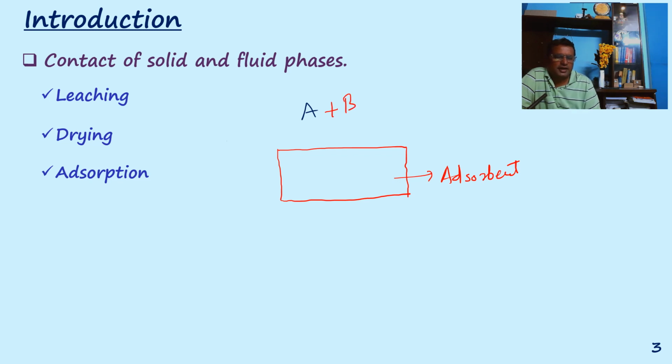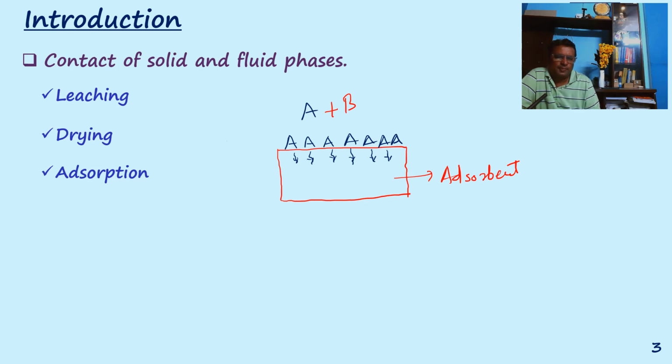Now the selected adsorbent has the ability to preferentially concentrate A on its surface. So after some time, most of the A will get adsorbed on the surface of the solid. And then after coming onto the surface of the solid, there may be some diffusion of A through the solid phase.